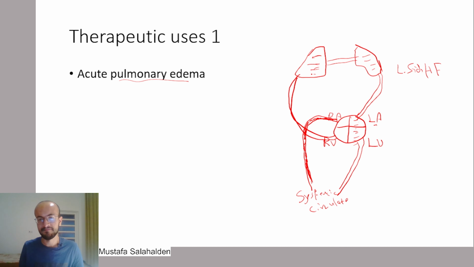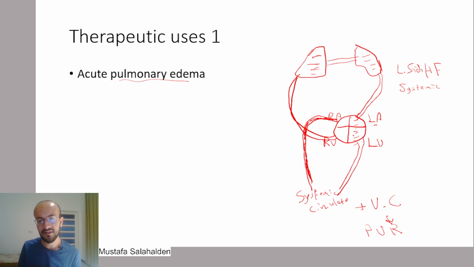Also, in systemic hypertension, this leads to vasoconstriction of the systemic circulation, and this will lead to an increase in the peripheral vascular resistance, and would also increase the afterload.